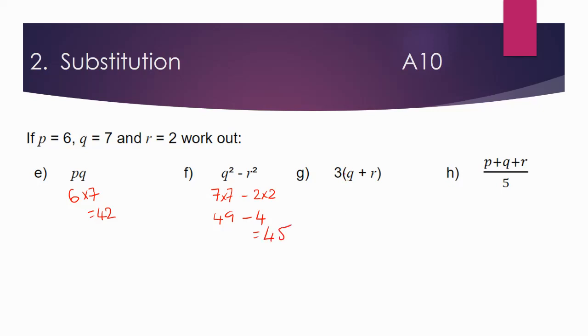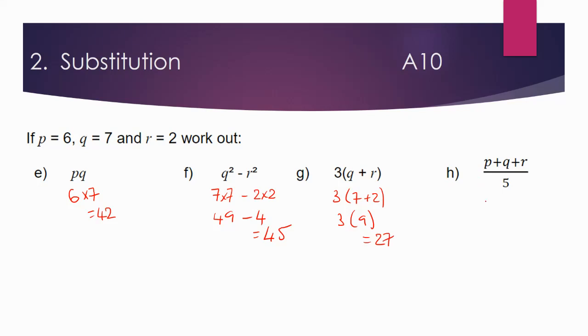Okay, so now we're going to multiply brackets. We multiply everything inside the bracket by what's on the outside of the bracket. But if we follow the rules of good maths, we're going to do what's in the bracket first. Okay, so we've got 3 bracket 7 plus 2. So 3 times 9 is 27.